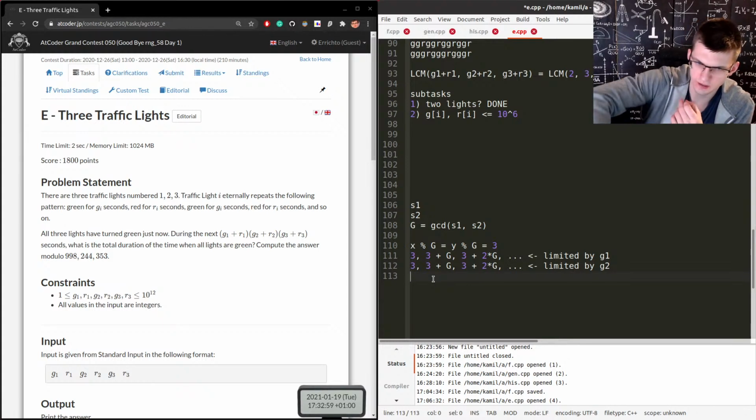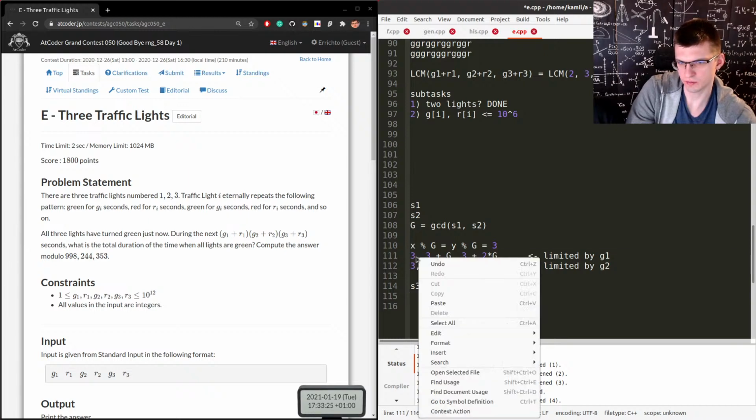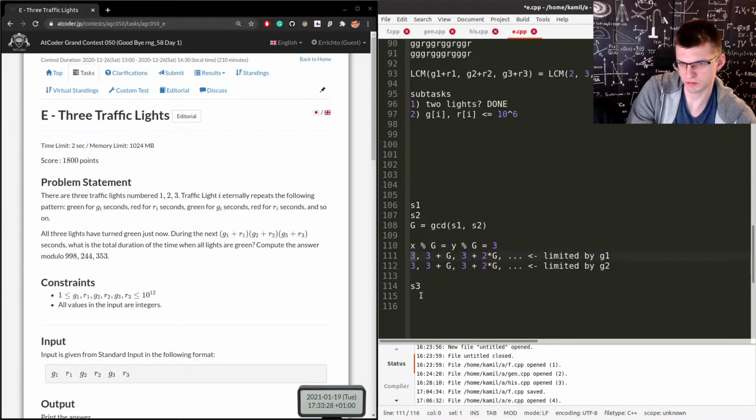Now we look at S3. Modulo S3, we want it to be smaller than G3. We already have this thing. Modulo S3, we can be equal to 3.